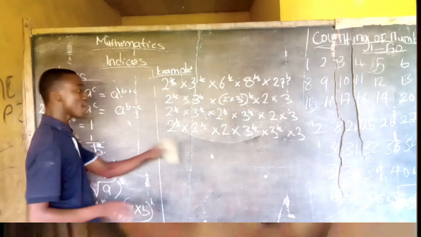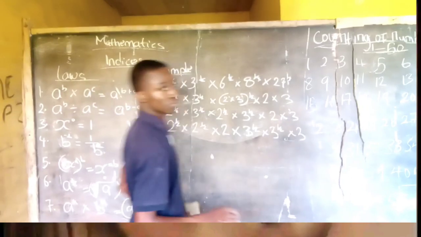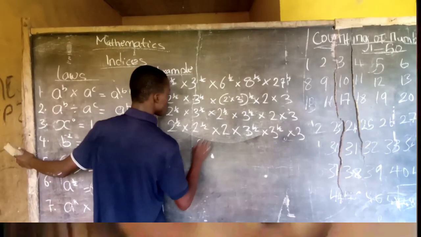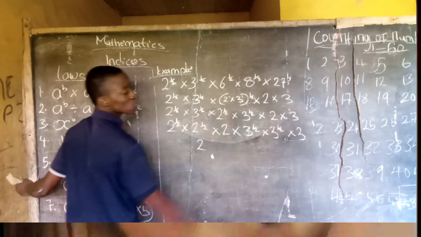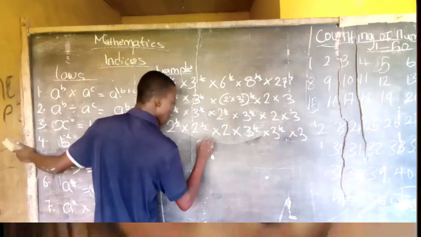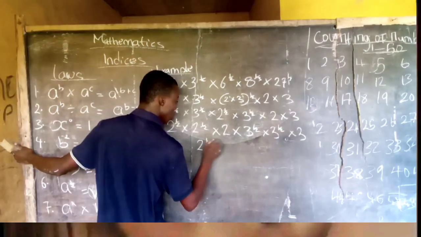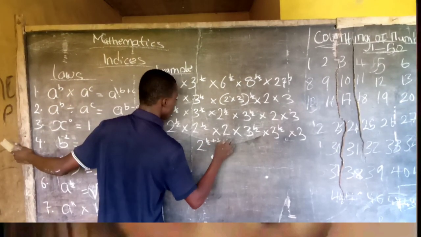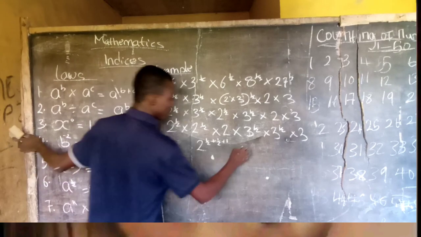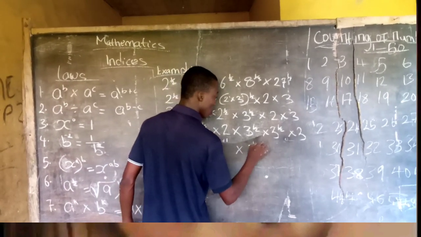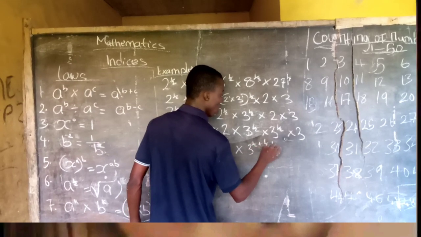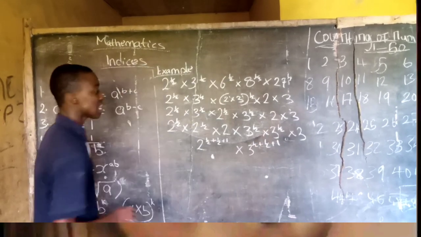So I can take one base here, take one base here. We are good to go. It becomes what? 2 to the power of what? Half plus what? Of course it's 1. So this becomes half plus half plus 1, multiplied by 3. Here again, half plus half plus 1. Yes, that's how to do it.